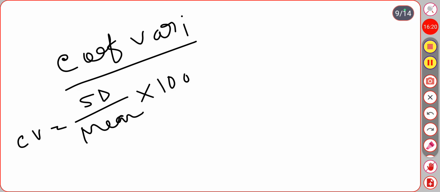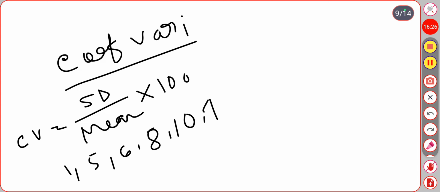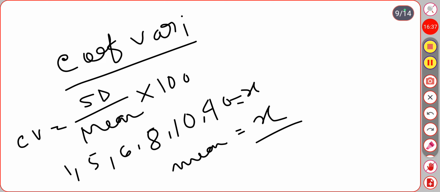Suppose the income levels of the people are like this, and we can calculate the mean. Suppose this is the sum x divided by 6, and we get x bar. This is the mean value.